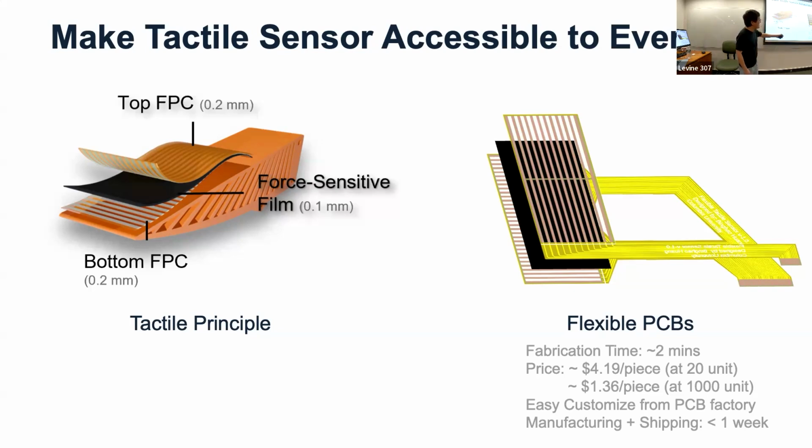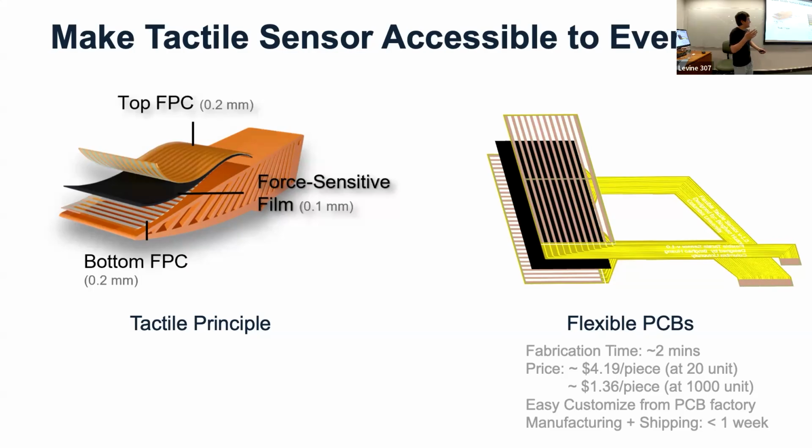And also the price will be much lower, because if you order a lot of flexible PCBs, the price you can get directly from the PCB factory is about $1.36 per piece. It's also very easy to customize the flexible PCB, and we take advantage of the current industrial PCB factories because the manufacturing and shipping take less than 1 week.